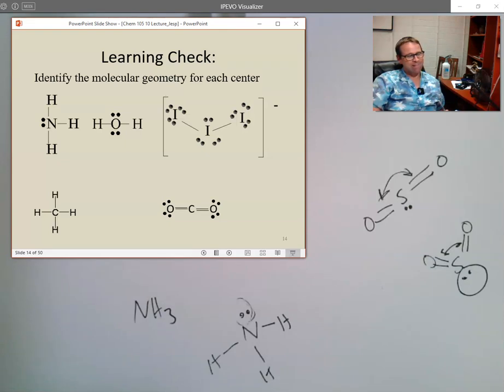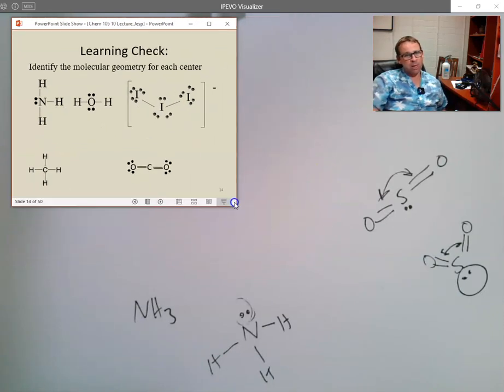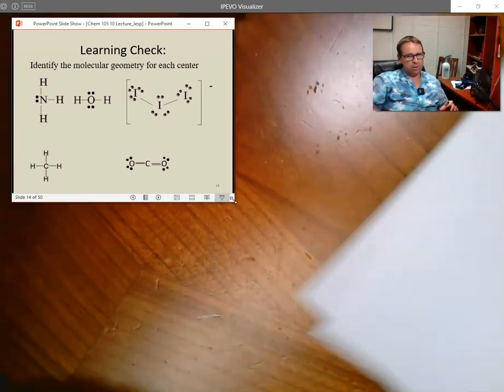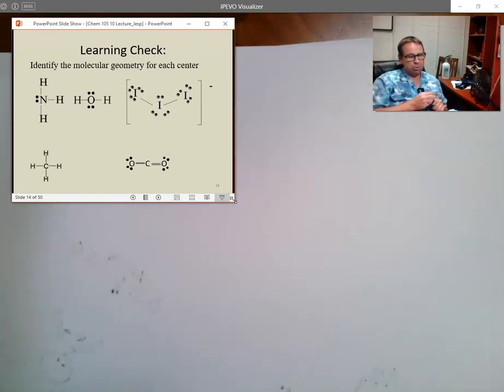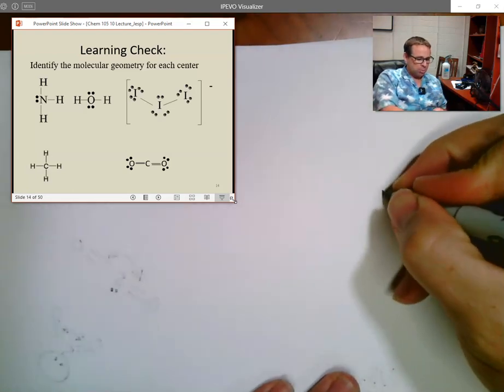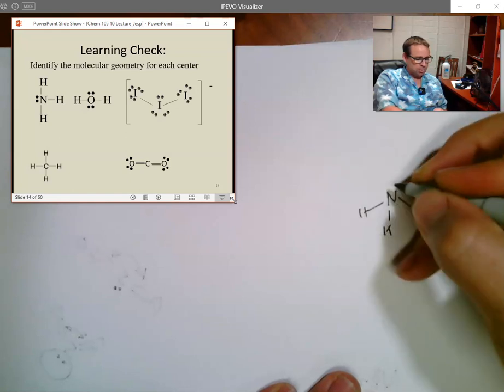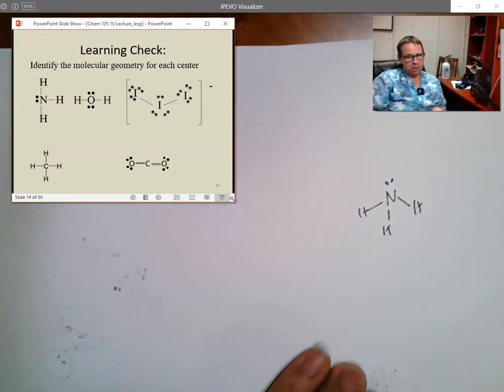I can't remember. Okay, all right. And really, we don't want to find ourselves in a situation where we have to have all of these memorized, right? We want to hopefully find ourselves in a situation where we can draw the structure on paper. So 3 regions of bonding density and 1 region of non-bonding.